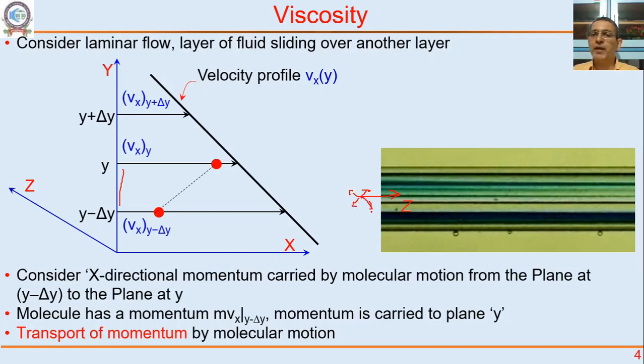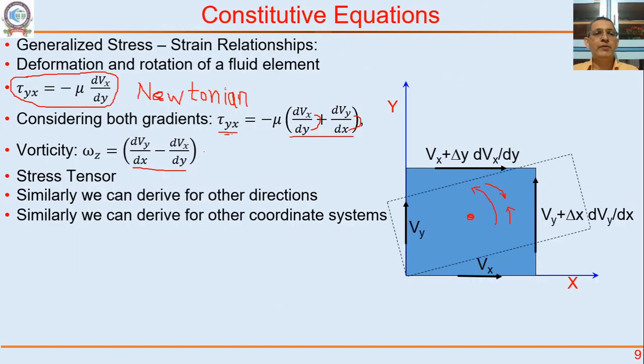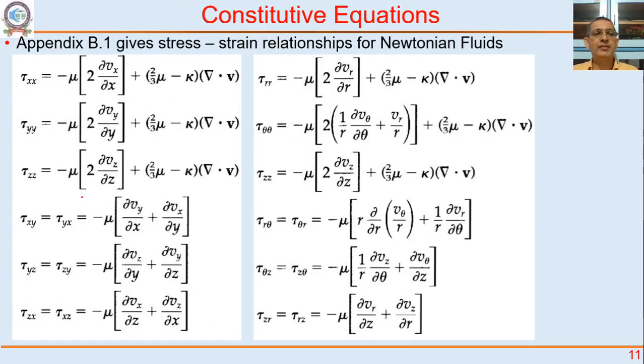Around the axis we have the theta direction. So that's called a cylindrical coordinate system. Just like we have stresses tau yx, tau xy in the Cartesian coordinate system, we would have stresses in the cylindrical coordinate system as well.